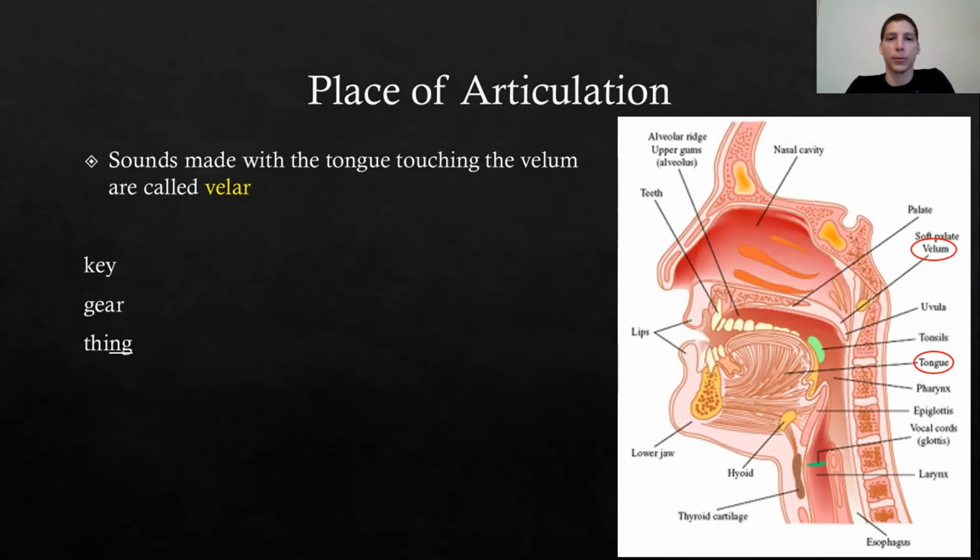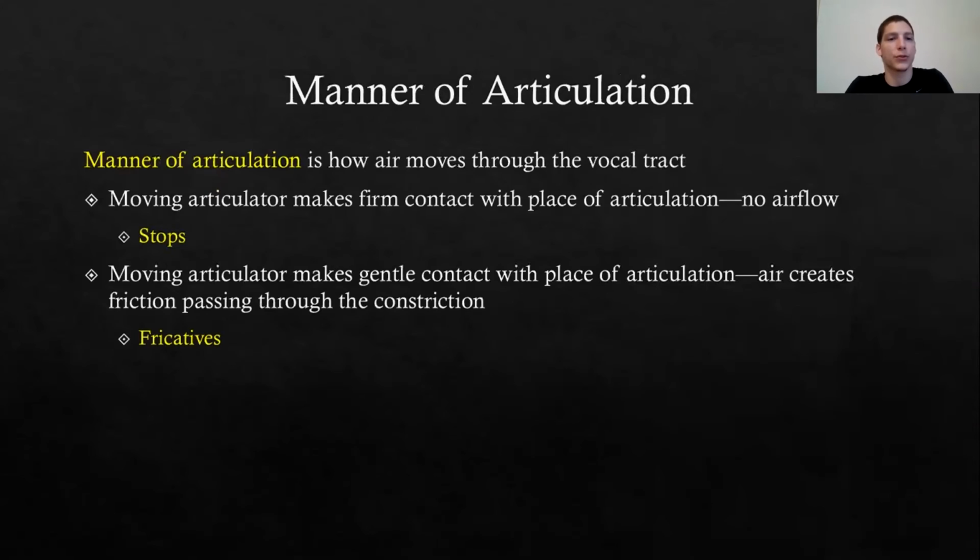The next important component of producing sounds is what's known as the manner of articulation, which refers to the way that air moves through the vocal tract, and more specifically how restricted airflow is during the production of an articulation. So when you have your moving articulators making firm contact with a place of articulation, for example, the tongue touches the alveolar ridge and there's firm contact, there's no real way for air to get through.